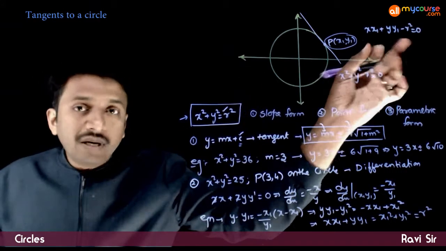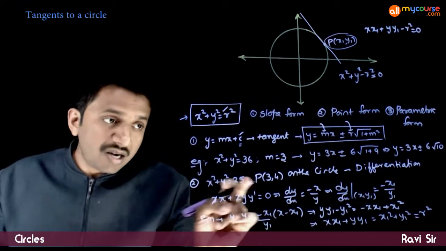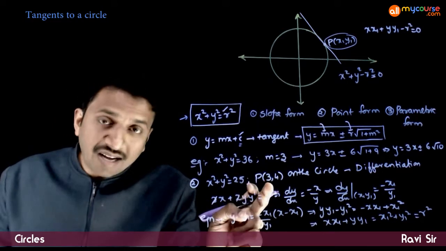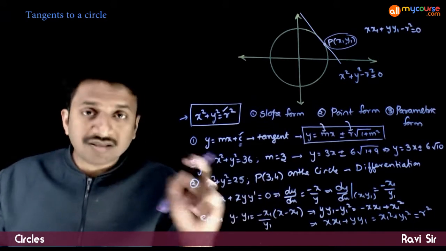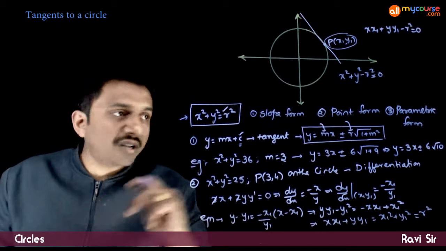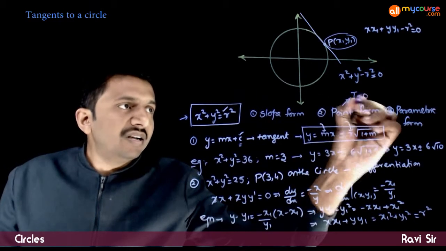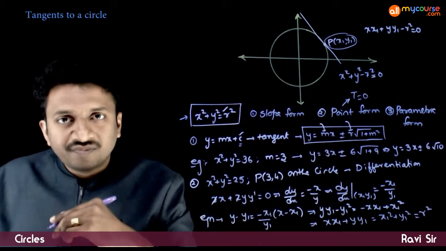So this is nothing but T is equal to 0. If you want a tangent at a point (x1, y1) on the circle, you just need to write T is equal to 0 corresponding to this point. So the point form of the tangent is T is equal to 0.